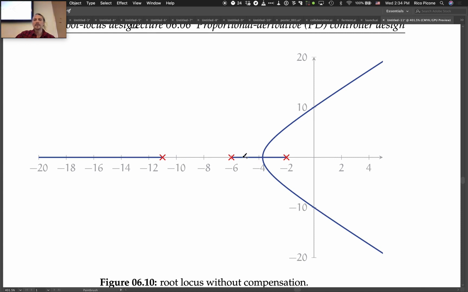So, our test point was -5 plus j8.28. This is our desired closed loop pole location. The root locus is over here. Not going to do it, is it? The root locus does not go through our test point. Therefore, no matter what we change our gain to, we're never going to get the performance we want.